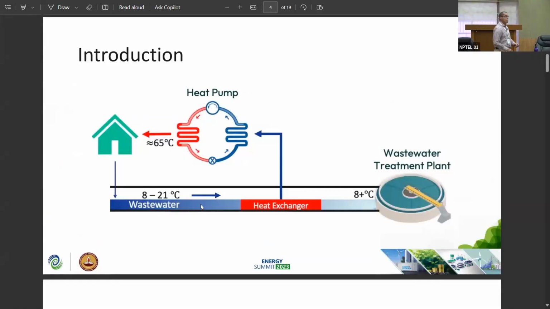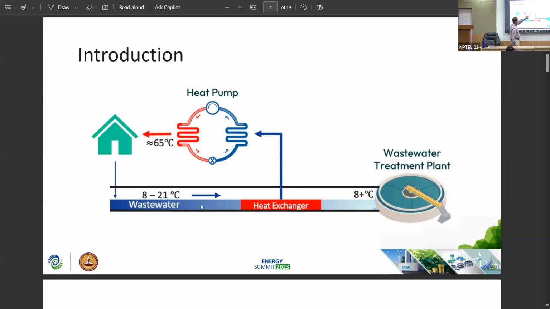Okay. So heat recovery from wastewater is a very simple system, as you see here. You have the upstream where residential areas are, and they discharge relatively warm wastewater, and then you extract the heat at some point before the wastewater treatment plant.